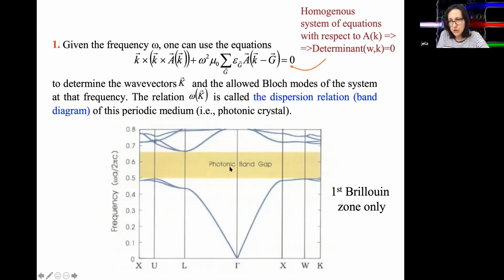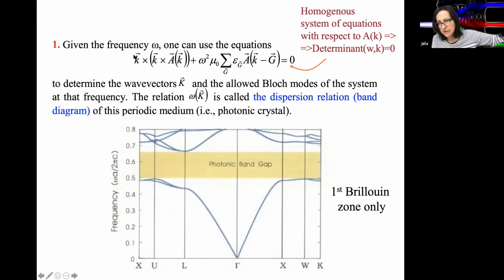Inside of the photonic band gap, there is no real combination of omega and k for which solution exists. As you will see in a moment, if you plug in omega inside of the photonic band gap, try to calculate for k, you'll find complex k, which means that the fields would just exponentially decay. They're evanescent Bloch modes.